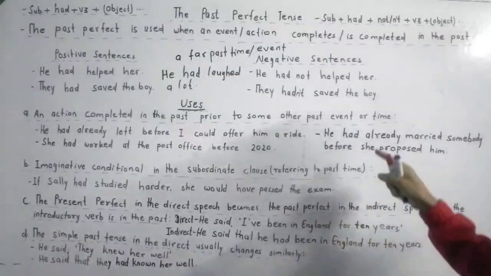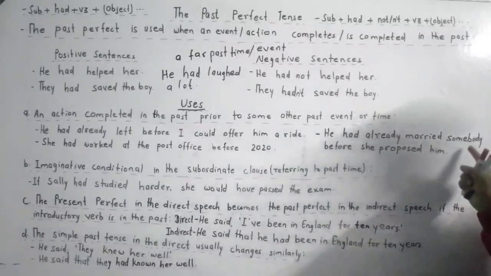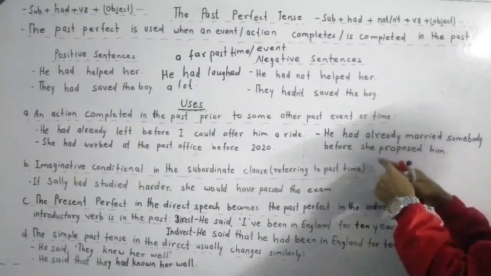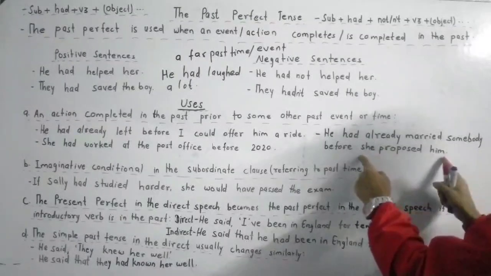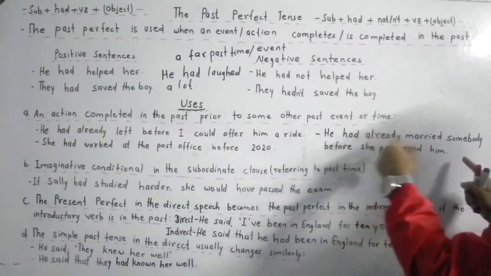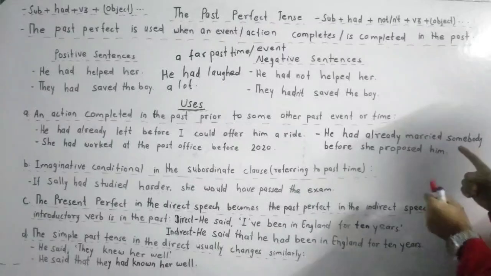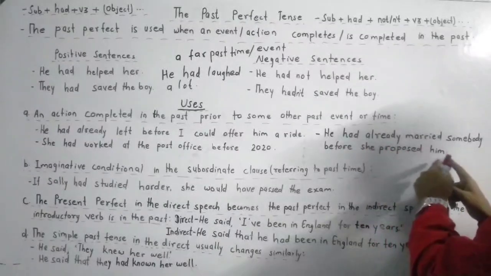And another one is, he had already married somebody before she proposed to him. See, she couldn't propose. Why? Because he had already married somebody before she proposed to him.